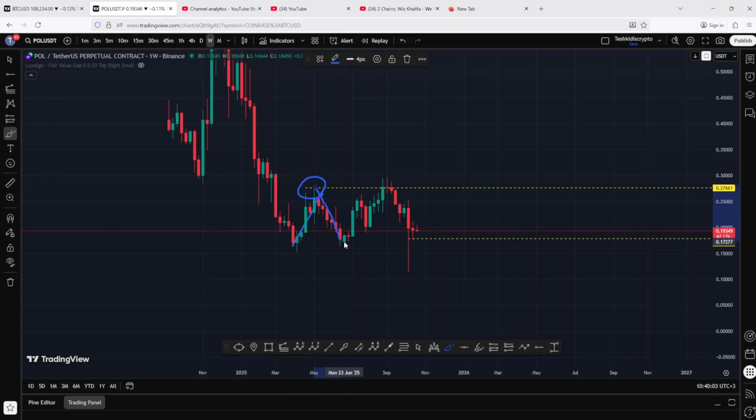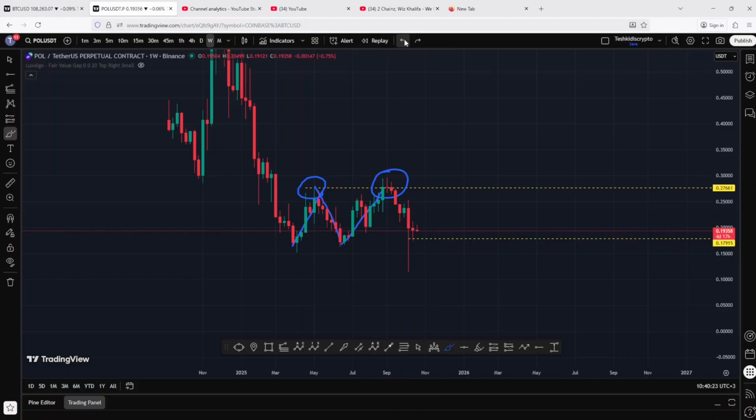Then from the lows we made on the 22nd of June, we started another bounce into that significant high, got rejected, and then started another massive drop to the downside. And that means that this significant area over here has been acting as resistance.